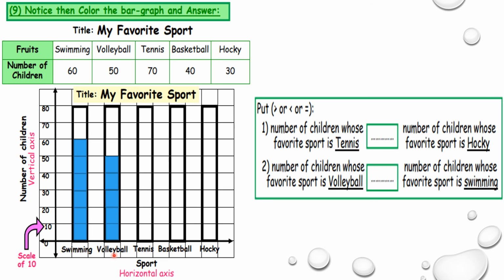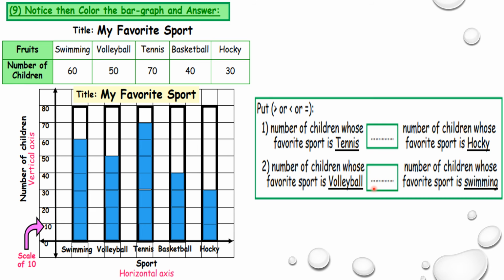There are 50 students who like volleyball. And there are 70 students who like tennis, so I will color to reach number 70. And here at the basketball, there are 40 students who like basketball, so I will color to reach number 40. And here there are 30 who like hockey, so I will color to reach number 30.